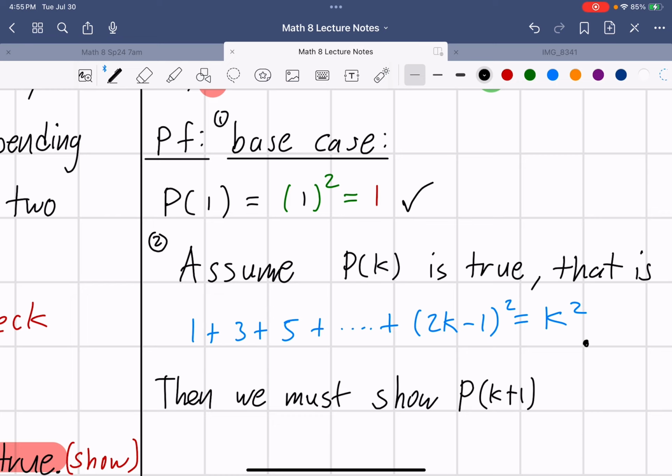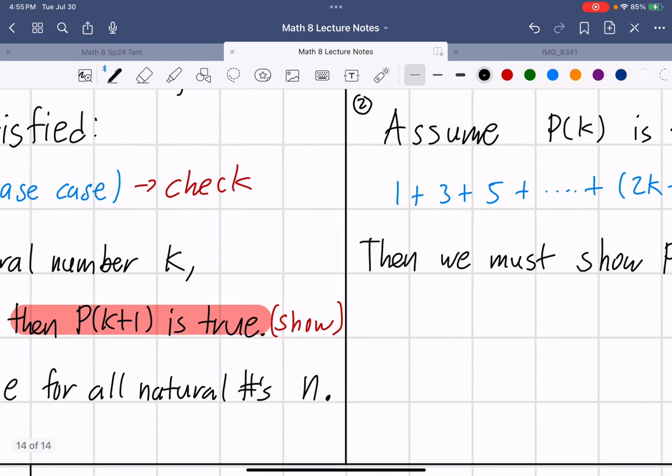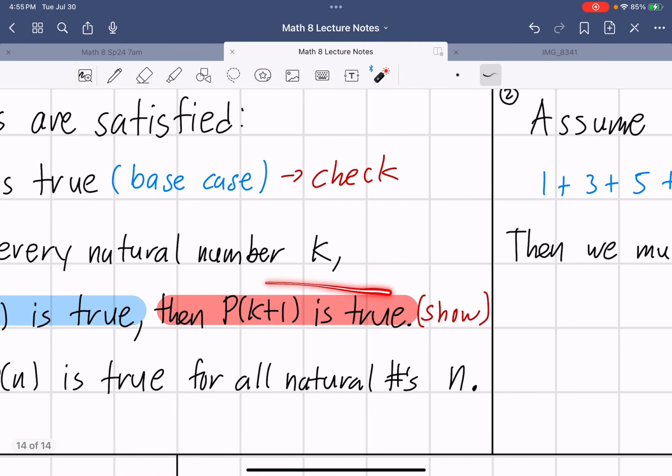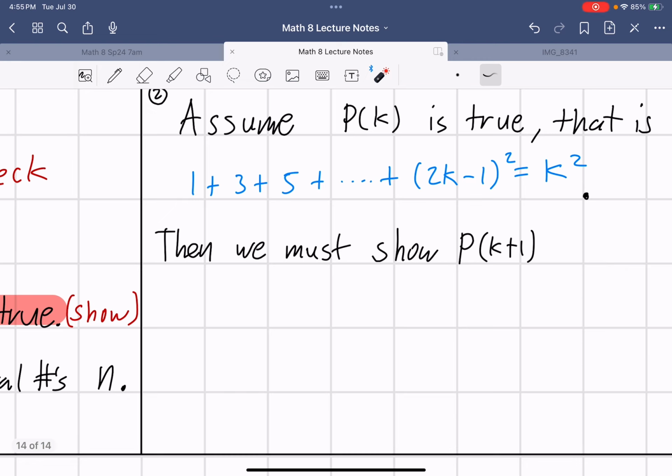So that's showing that the next one is going to work, right? That's the part where it says, if P of K is true, then P of K plus 1 is true, but we have to show that. That's a conditional statement, right? The condition needs to be true for the second one to hold. For example, if it's midnight, then it's dark outside.